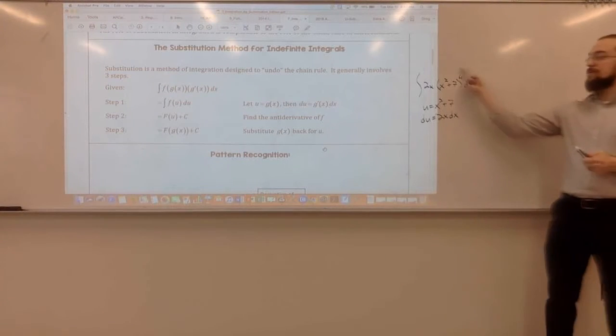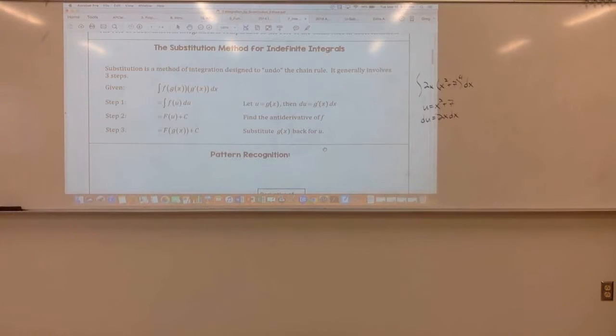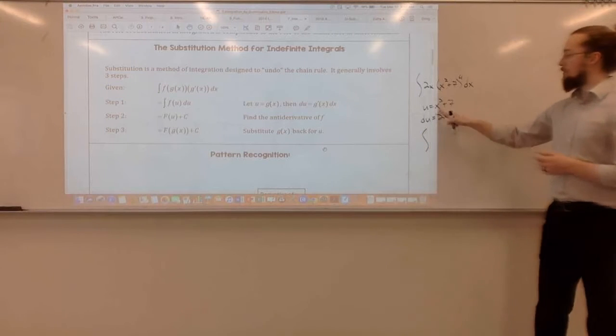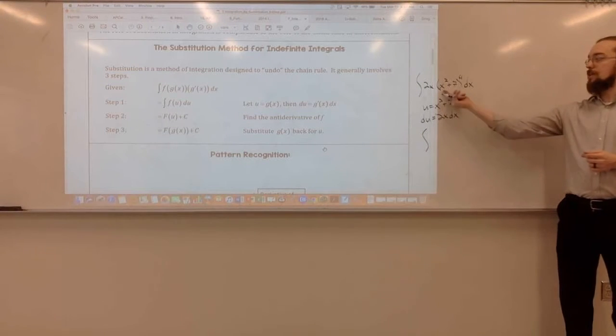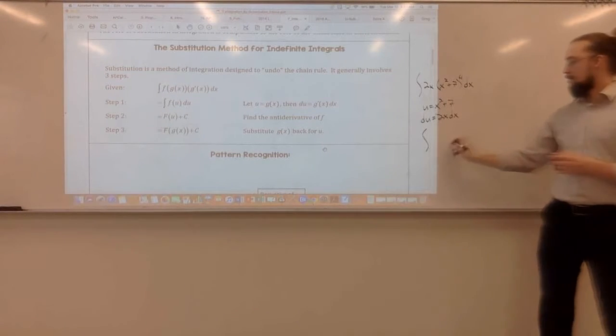Now, what I want to do is take this integral and rewrite it in terms of u. So my u is x squared plus 7. So what I would have is u to the 4th power.